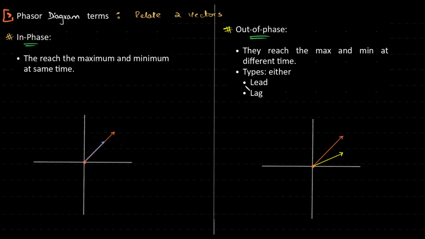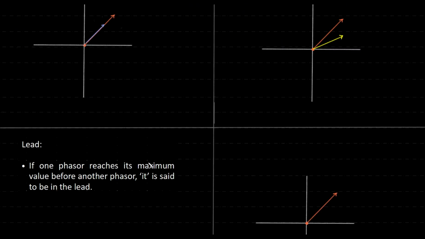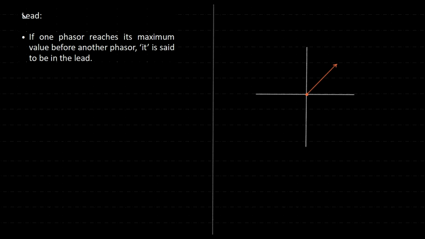And in out of phase, there are two terms that we need to know, lead and lag. Obviously, one will be leading, one will be lagging when they're out of phase. So again, a simple example over here. In this case, the red vector is leading the yellow one.